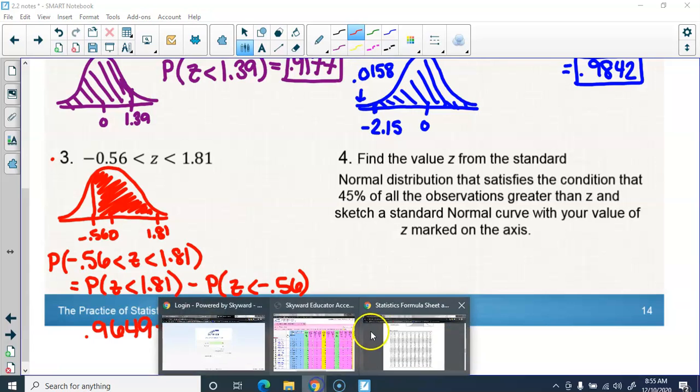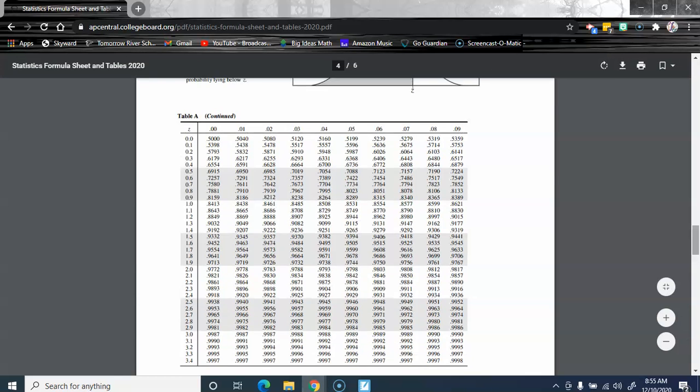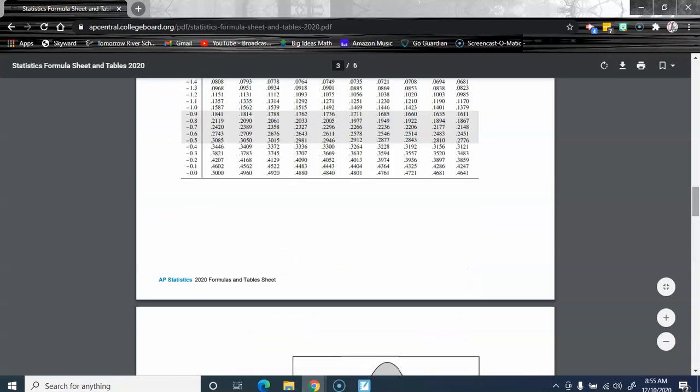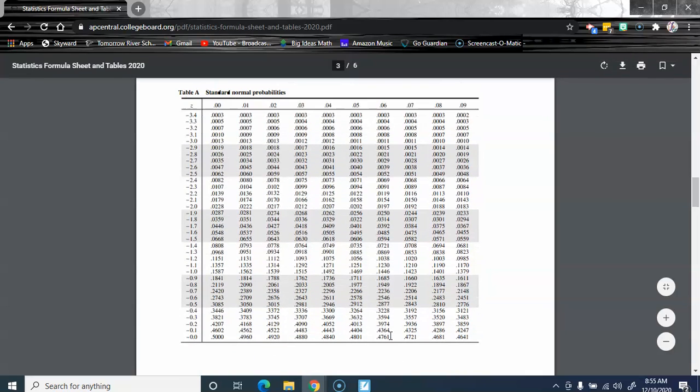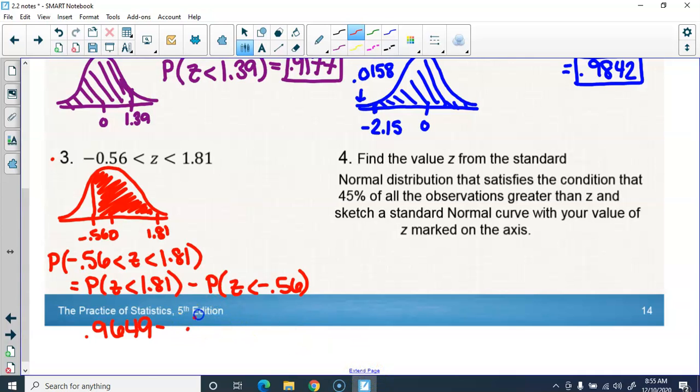And to the left of negative 0.56, I'm going to have to go to the negative page. 0.2877. And that is 0.6772 for the area between.